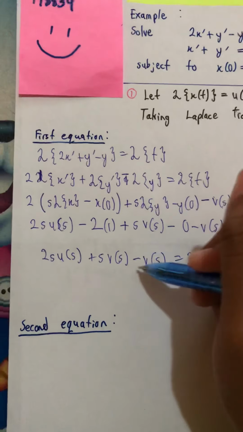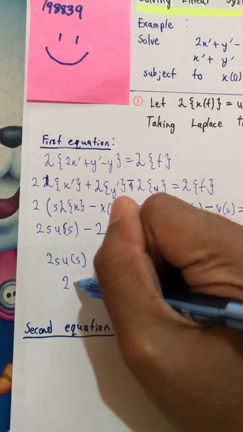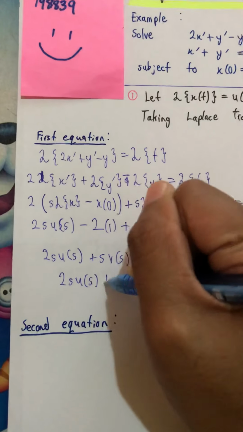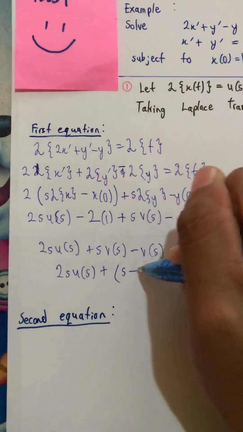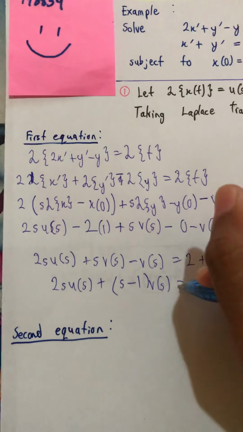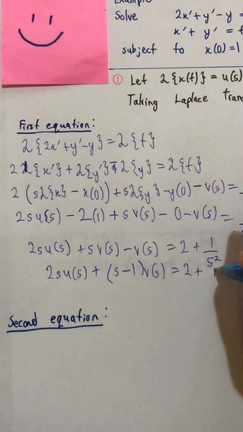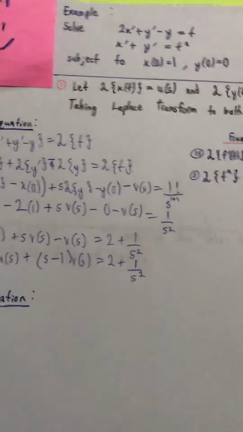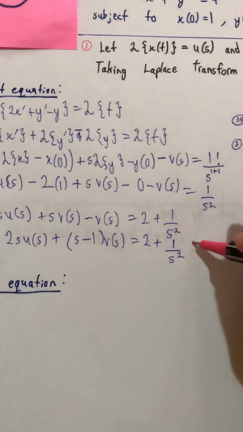And then we can factor out the V(s), so we get 2s U(s) plus (s minus 1) V(s) equal to 2 plus 1 over s squared. Here we can note this as the first equation.